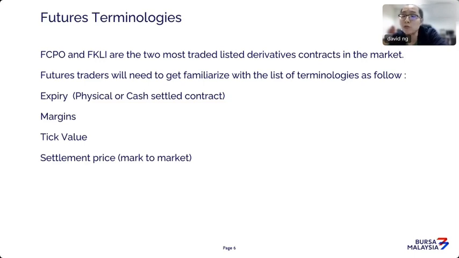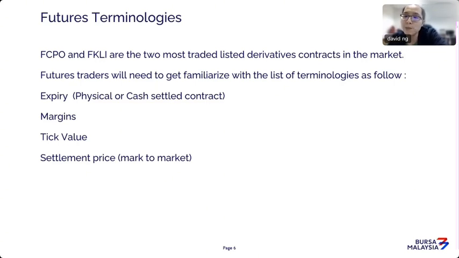It's time for you to either roll your positions or close the contract. Unless you intend to take delivery, which is a very tedious process, and you don't see the benefit of taking delivery of a physical contract like palm oil, there's definitely no point in being involved in the physical settlement of the contract.